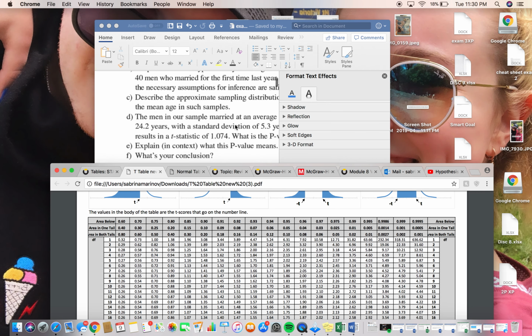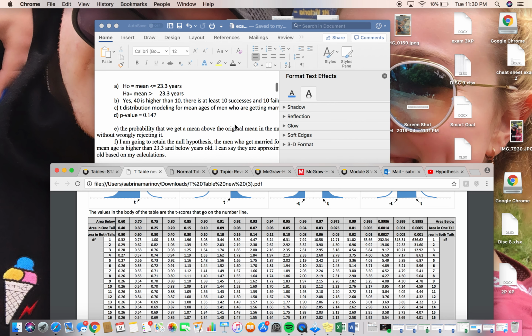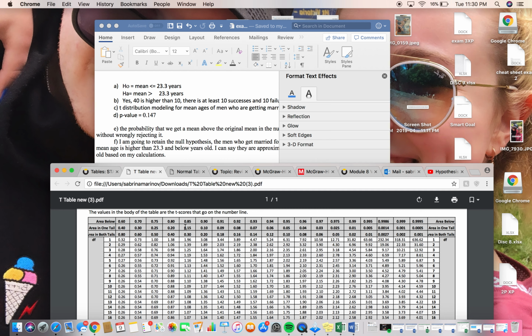For us, we got a value of 0.15, which is right here, because we just want the area in one tail. If we wanted the area in both tails, we would use right here. And if we wanted the area below, right here. But since we just want the area in one tail, we're just going to get 0.15 for our p-value.